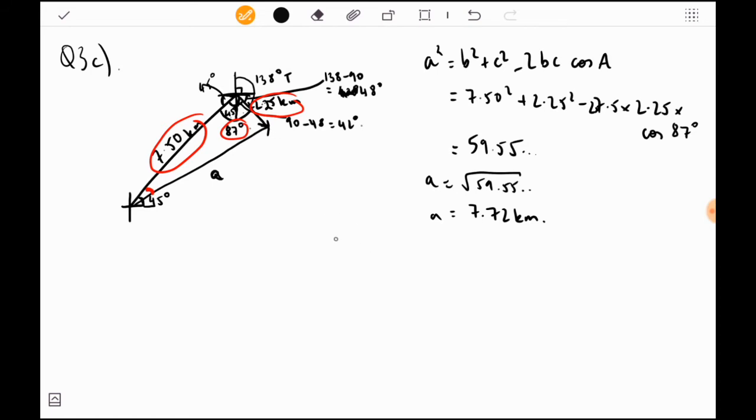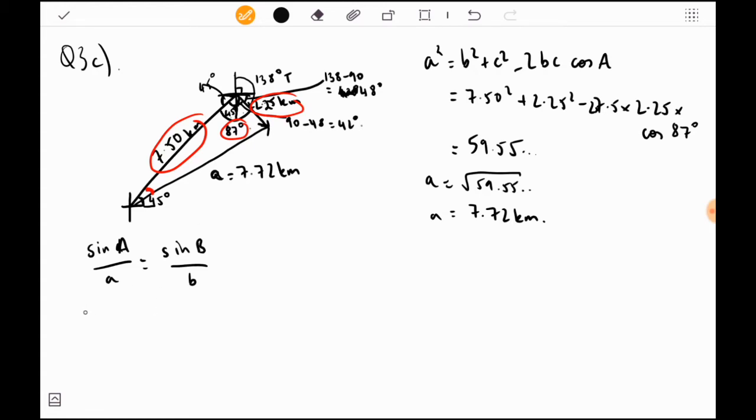So far we've used the cosine rule. So we're going to employ our other non-right angled triangle rule, which is the sine rule. So the sine rule is that sine A over a is equal to sine B over b, where big A is the angle opposite the side little a, big B is the angle opposite the side little b. So in this case, we're looking for this angle here, so the side we'll be using is 2.25 kilometers.